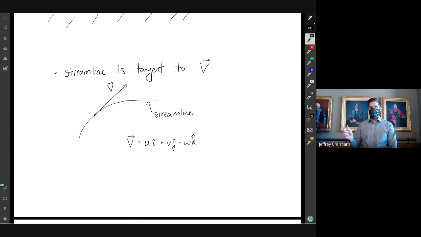Our streamline has to be tangent to that, so it has to be pointing in the exact same direction. So if we looked at a really small chunk of the streamline, it should be pointing in the exact same direction.